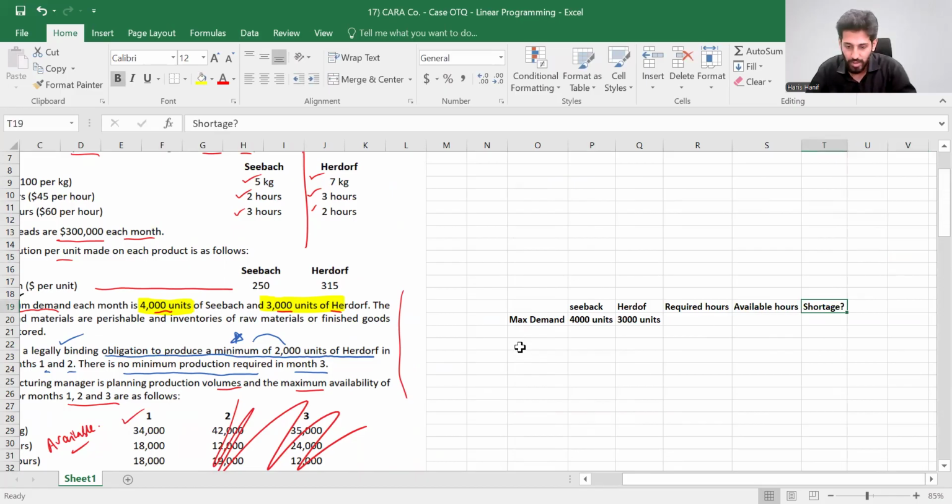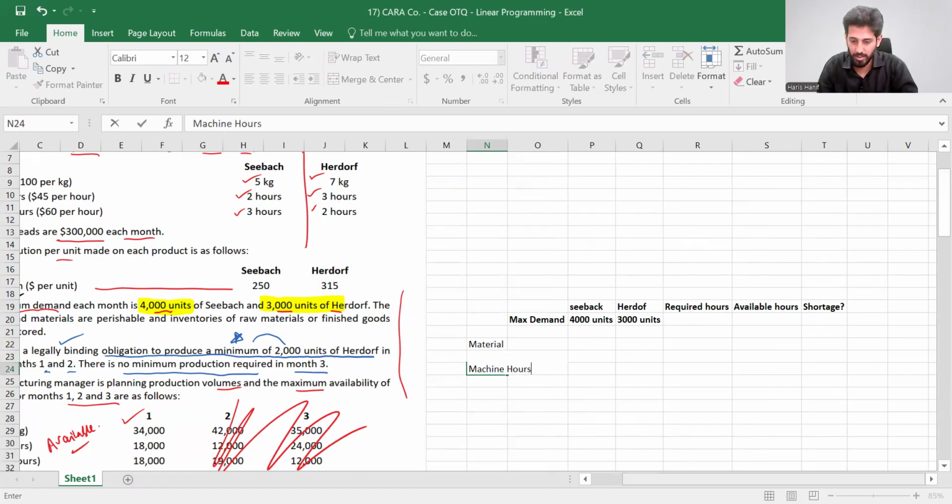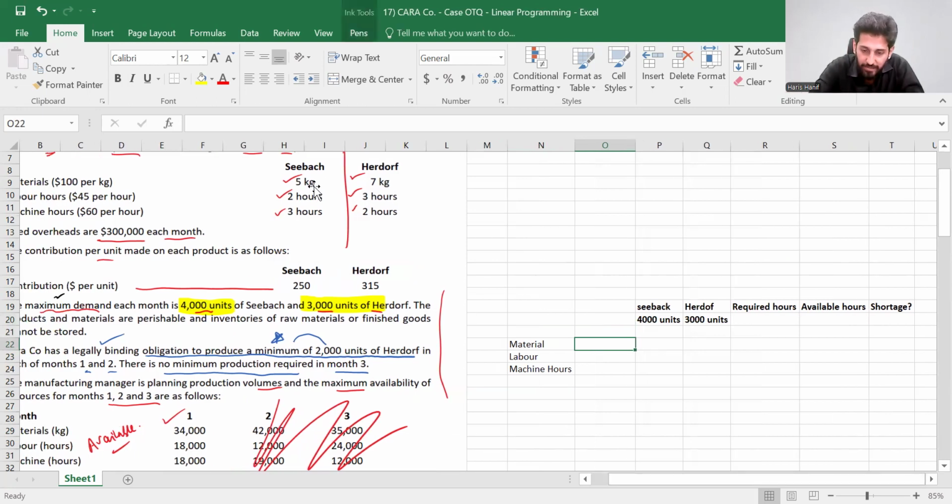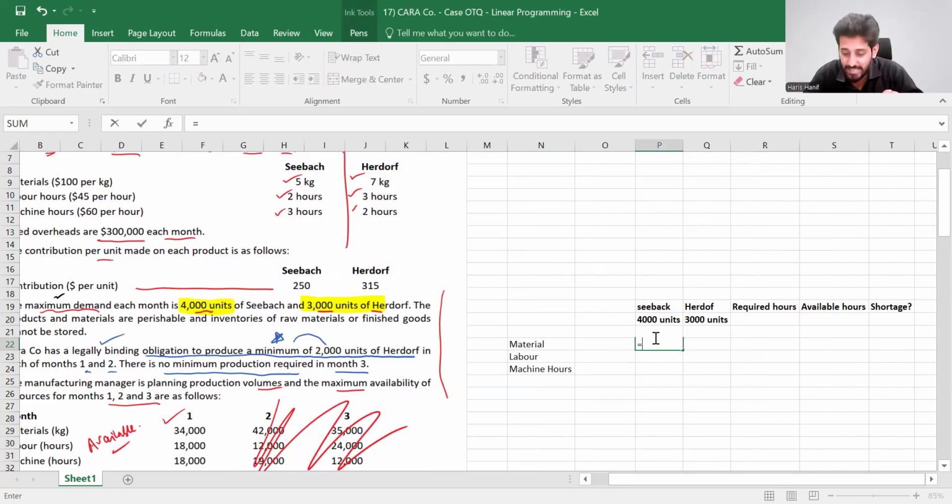What are the resources? Material, labor and machine hours. What is the material requirement at maximum demand? Material requires 5 kg and 7 kg.